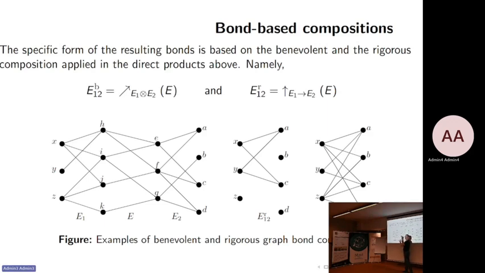You cannot because they are not linked. Then we obtain external information and we have this. Now, looking like a kind of ternary composition, we can obtain again the rigorous or the benevolent, the universal or the existential composition.